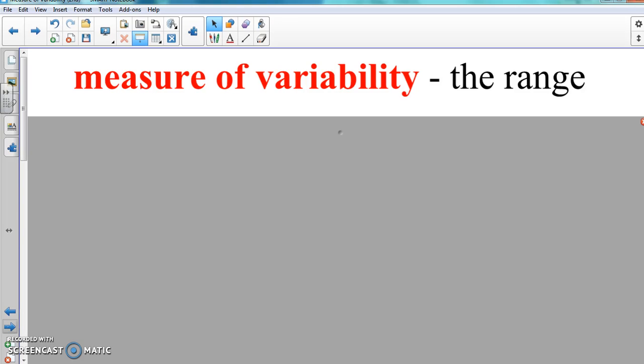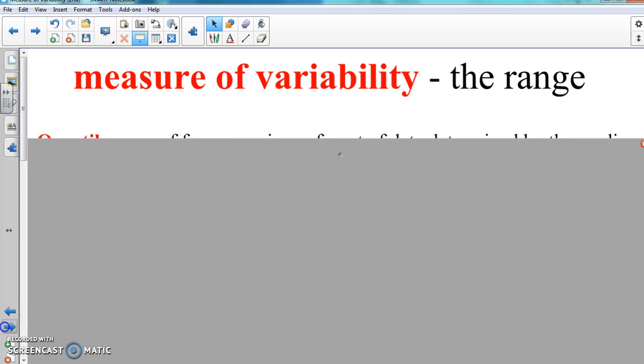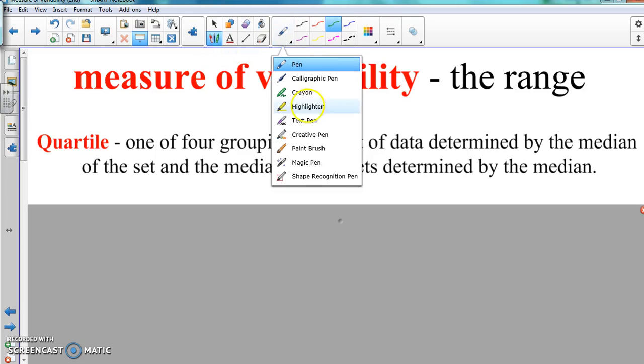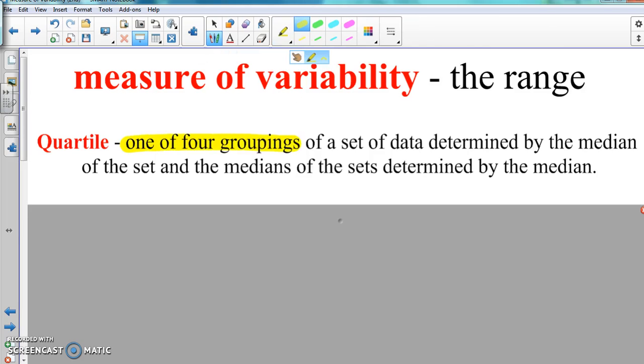Now, with that range of numbers, there's a thing called quartiles. And just like we said before when it came to vocabulary, there are always key terms, or keywords, that help us out. The keywords for this one is one of four groupings. So a quartile is one of four groupings of a set of data determined by the median of the set and the medians of the sets.